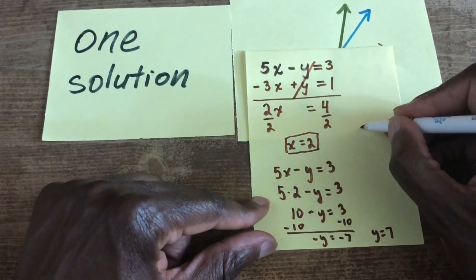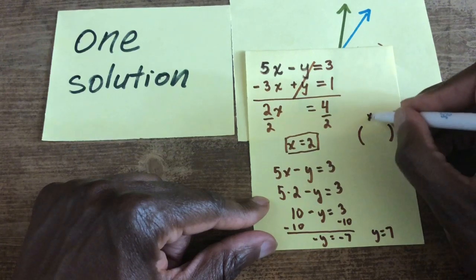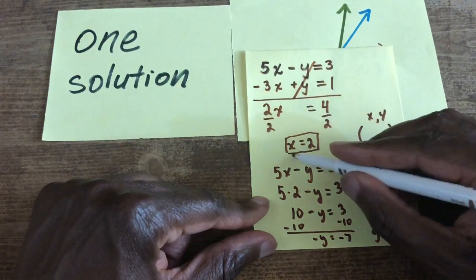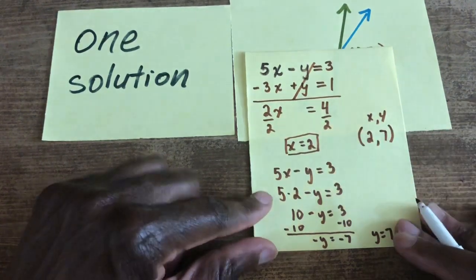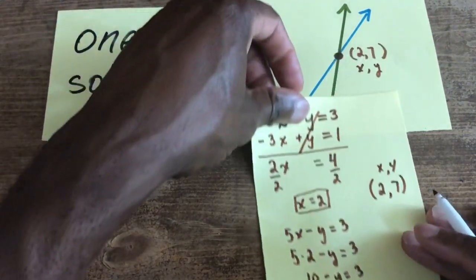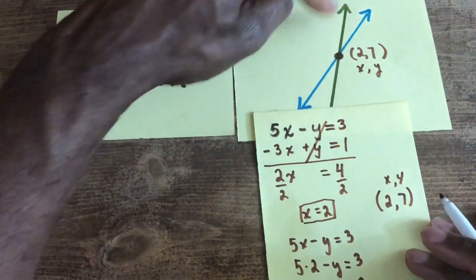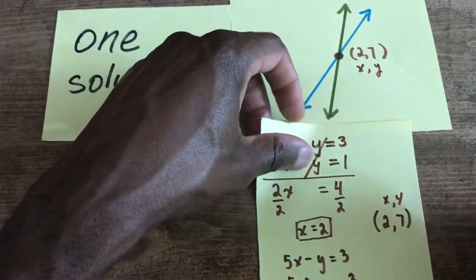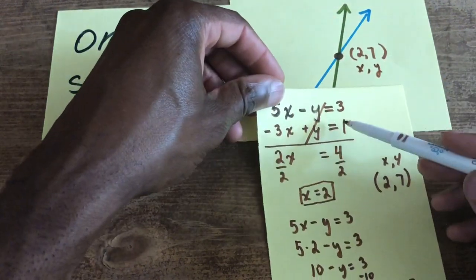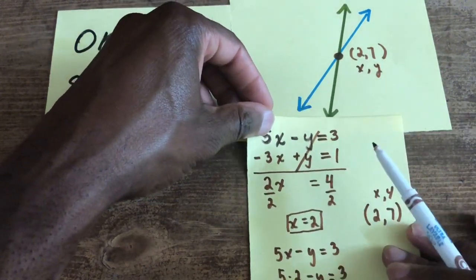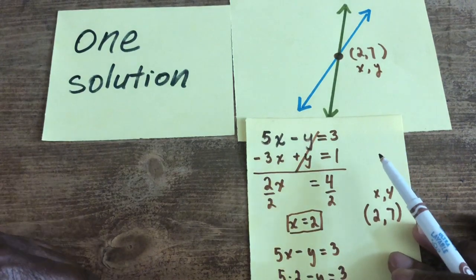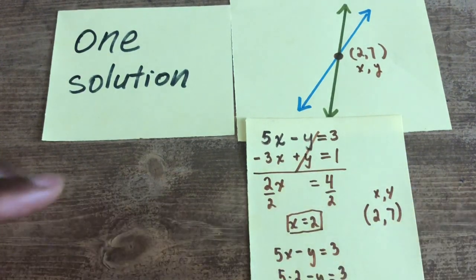So my x value and my y value will be x is equal to 2, y is equal to 7. The same coordinates that we have over here when we have the two lines intersecting each other. So it has one solution. Algebraically, I'm coming out with one solution. That's how the one solution looks algebraically when you solve it, all right?